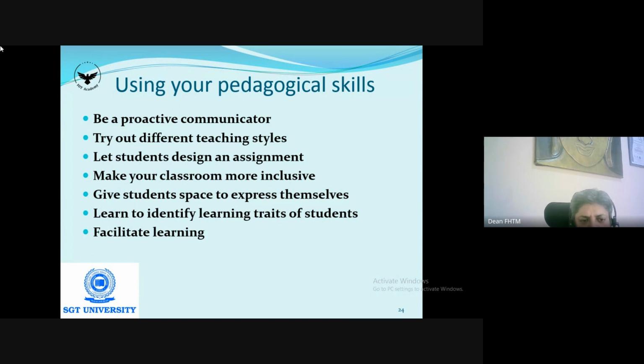They are not lurking behind, waiting for discussing or clarifying their doubts. Identify the different learning traits and facilitate learning. Help the students to learn. So your job as a teacher is a lot wider and bigger. Not just come and deliver the lecture and go. You have a lot of activities to do. Next.